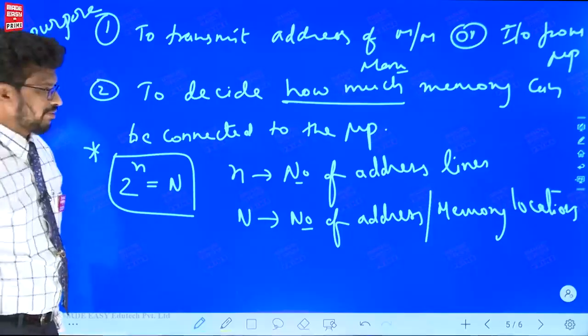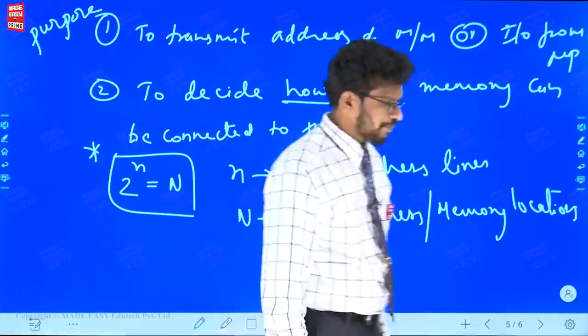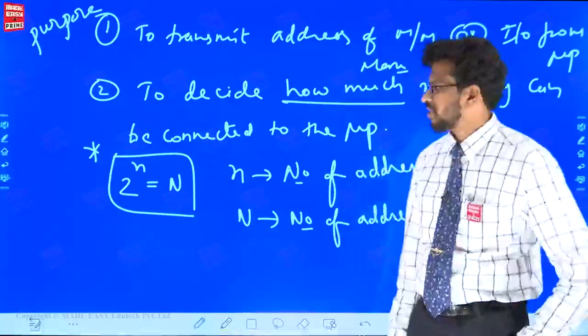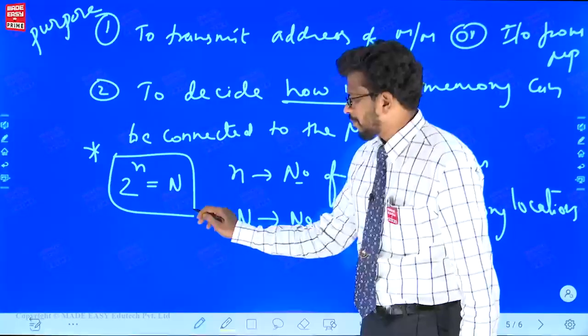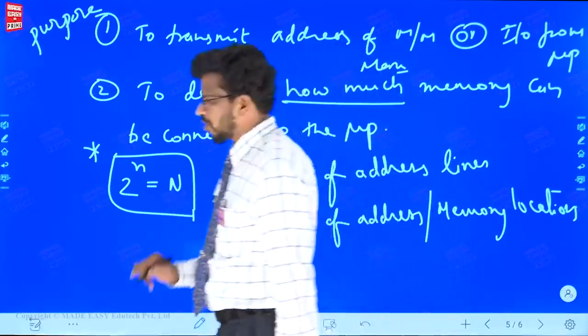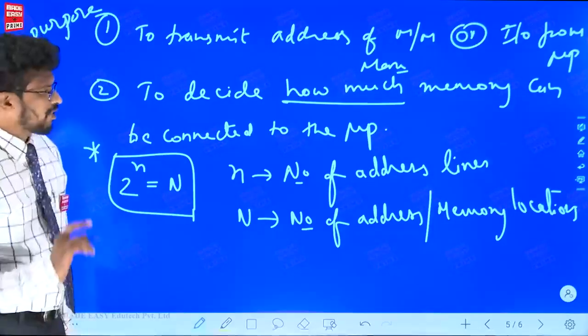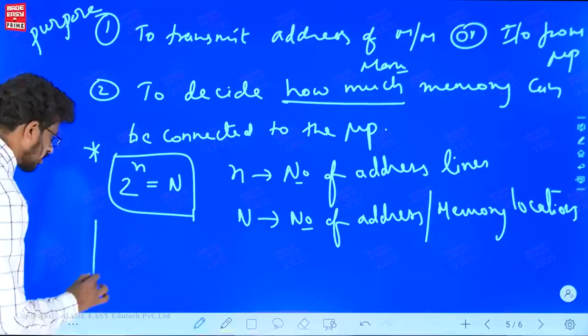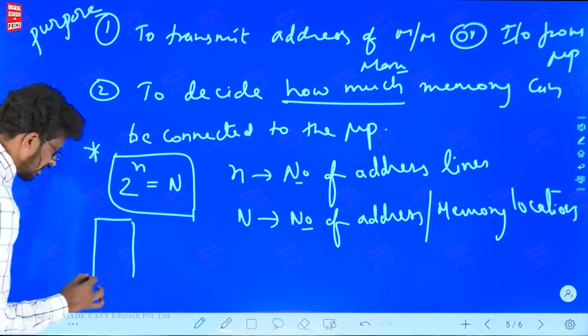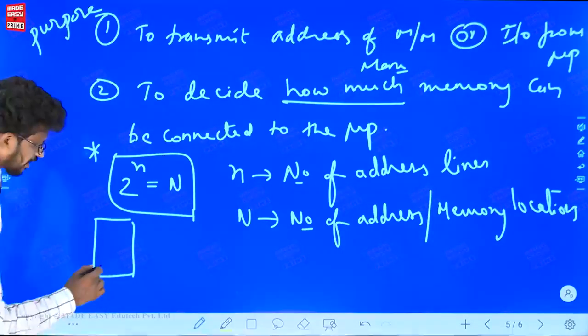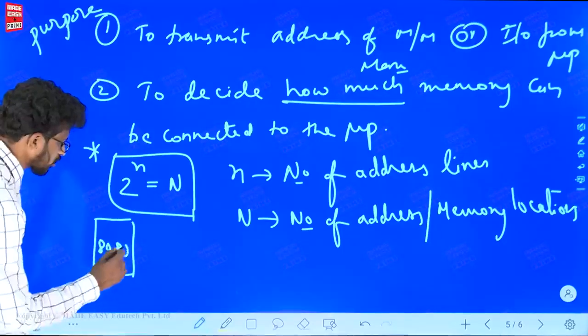Now the next one is length. Before going to the length, we shall see the meaning of this notation. Here, number of address lines means the number of wires a particular processor has. Observe carefully. A processor is one IC, say the 8085 microprocessor.